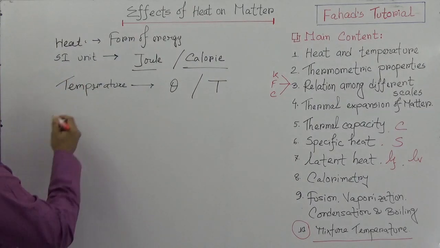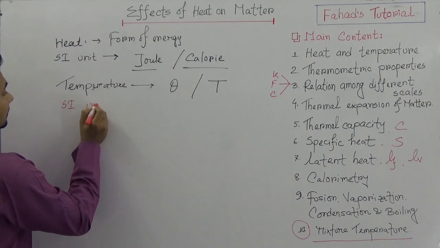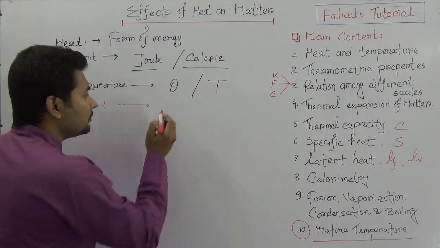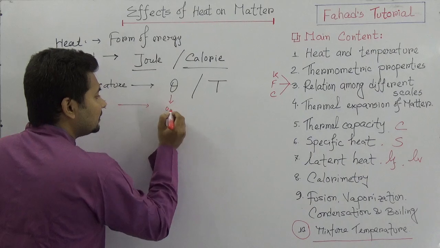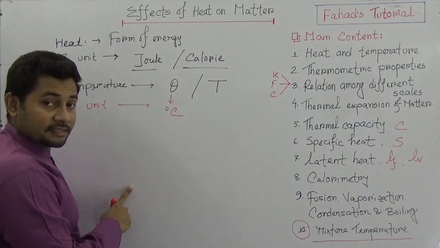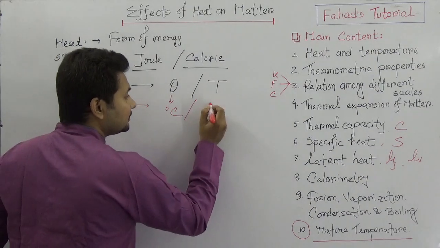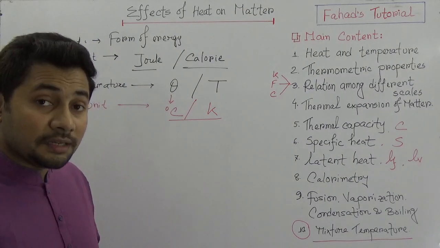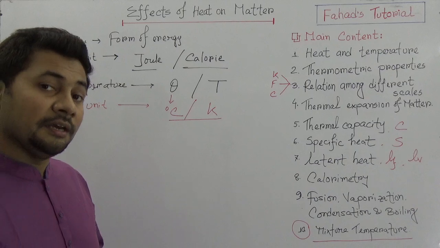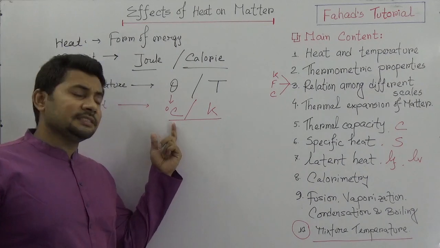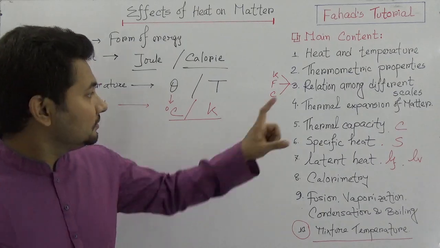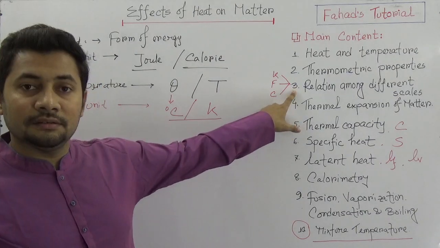Now what is the SI unit? In case of theta, we usually use degrees Celsius, or in case of T, we can use Kelvin. So the unit of temperature is degree Celsius or Kelvin. And this point is very important.